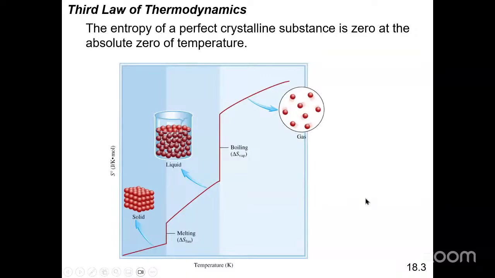Okay. So as you can see here, and of course, we're familiar with what happens when you heat a substance from below the melting point, then it melts, becomes a liquid, and then you heat that liquid further, then it boils, and becomes a gas. So if you plot the temperature in Kelvin versus the entropy, this is basically what you're going to observe. The entropy increases as the temperature increases, all right?